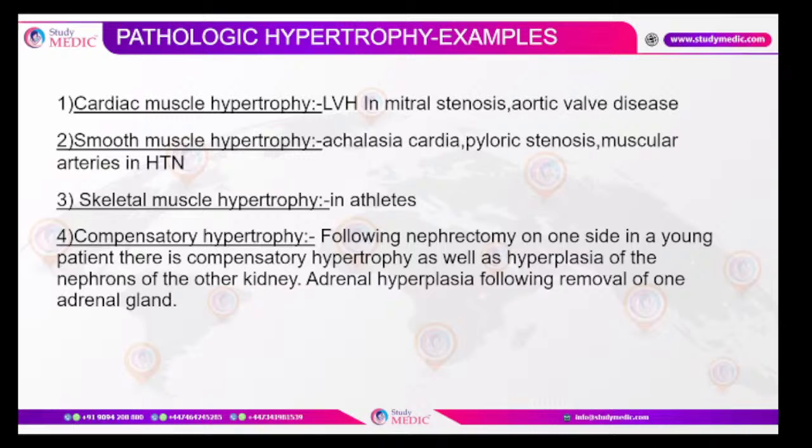Skeletal muscle hypertrophy you can see in athletes. And compensatory hypertrophy: whenever there is a unilateral nephrectomy in a young patient, we see compensatory hypertrophy as well as hyperplasia in the nephrons of the opposite kidney. And adrenal hyperplasia follows the removal of one adrenal gland.